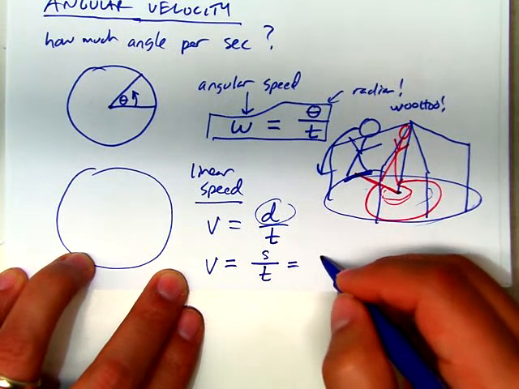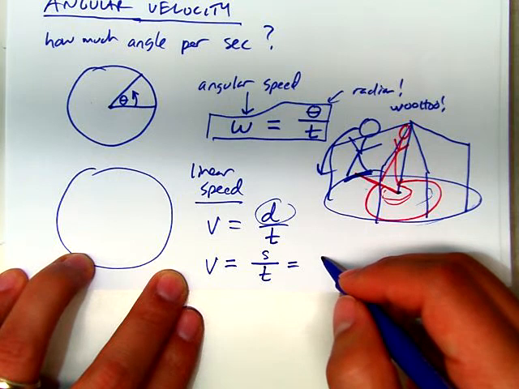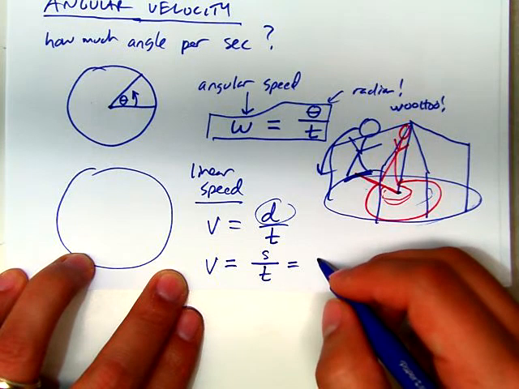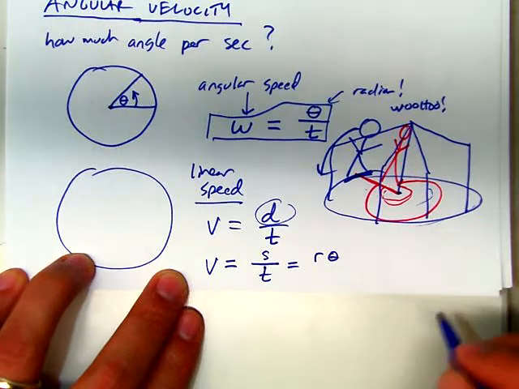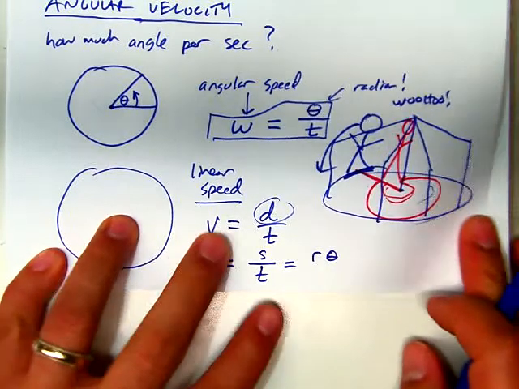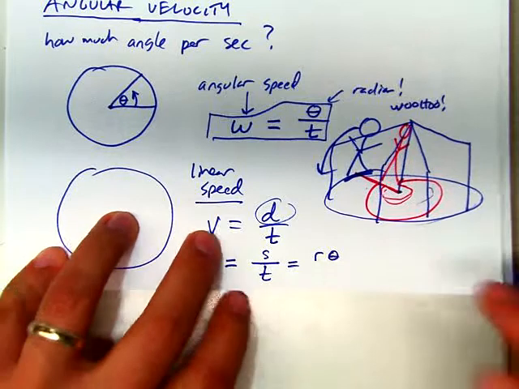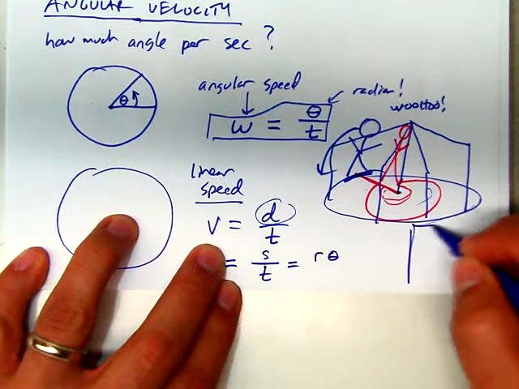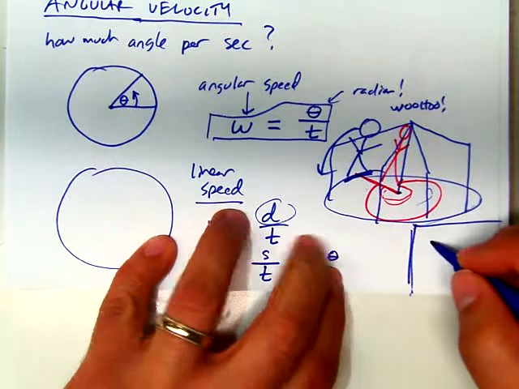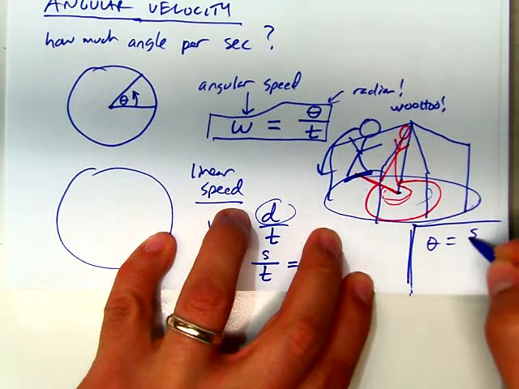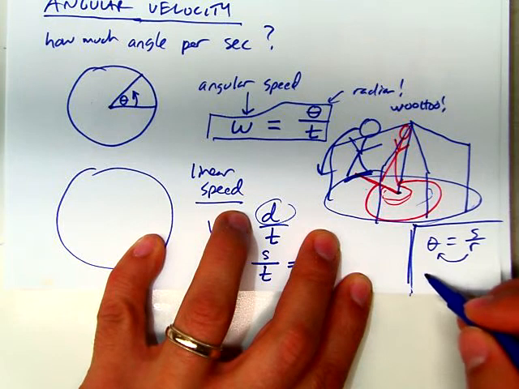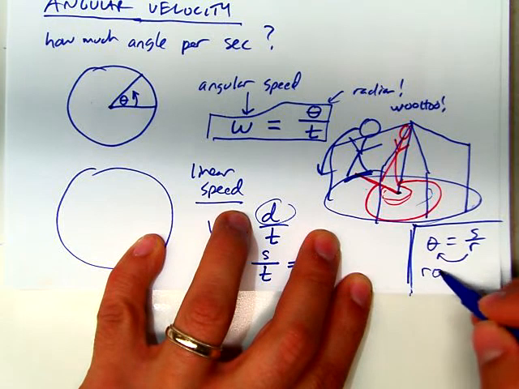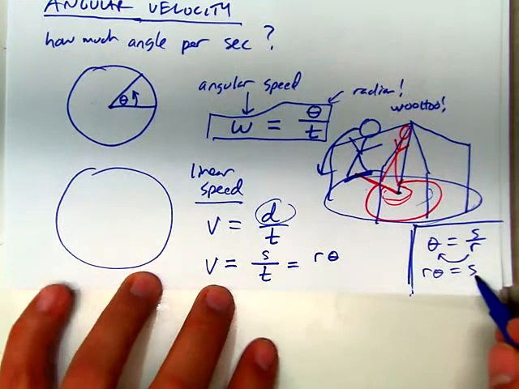S is the same as r times theta. So I don't know if we made that clear or not, but here's my little clipboard. We know that theta is equal to s over r. Okay, so if I just multiply this equation by r on both sides, we get that s equals r times theta.